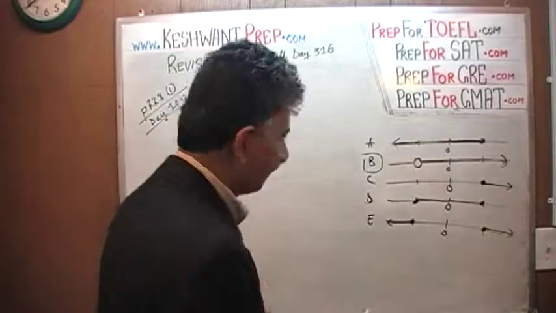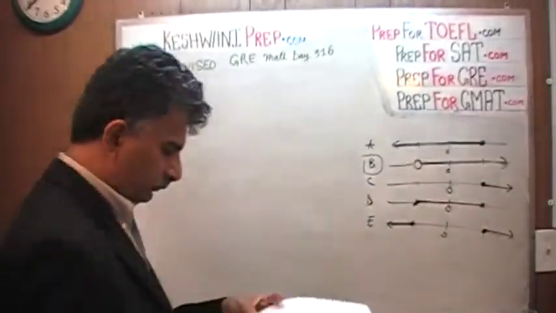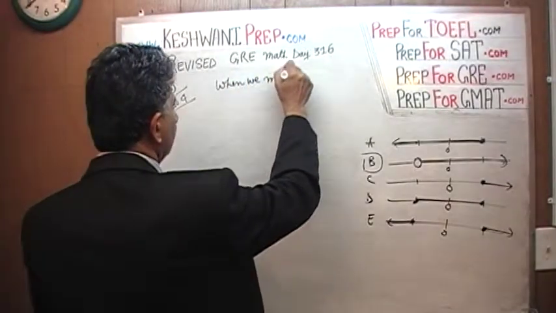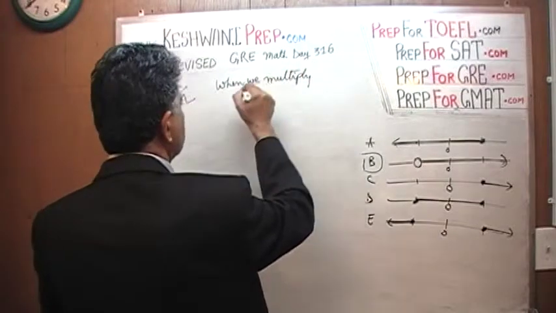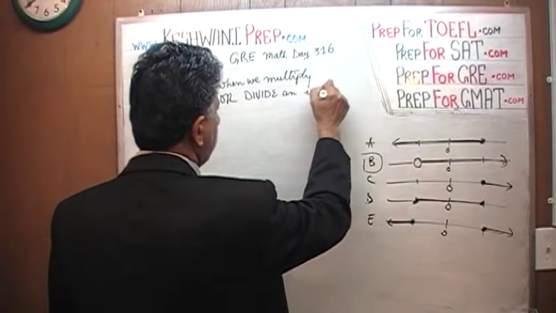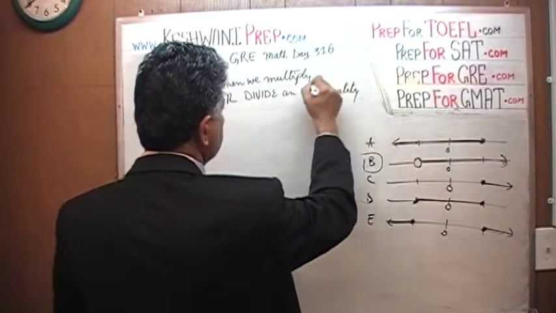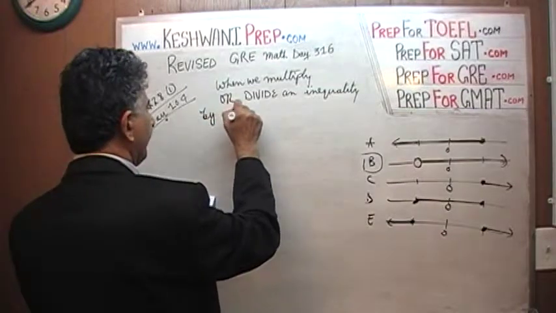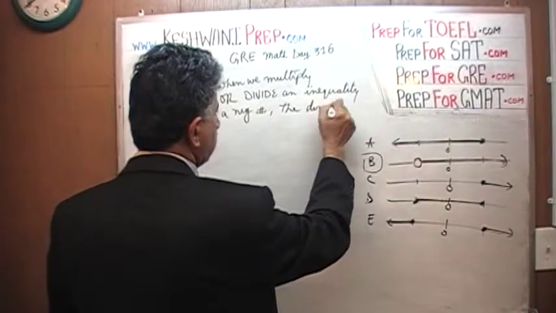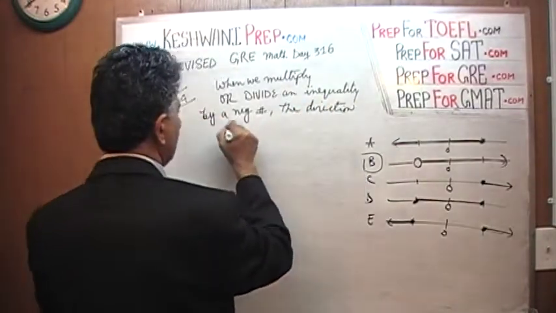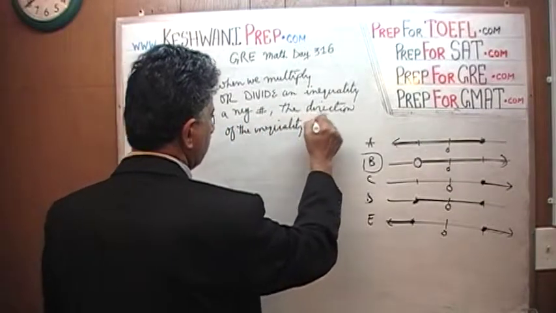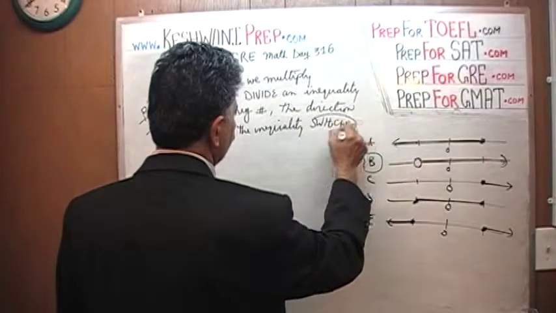Let's make a note of what we just said a little while ago. When we multiply or divide an inequality by a negative number, the direction of the inequality switches.